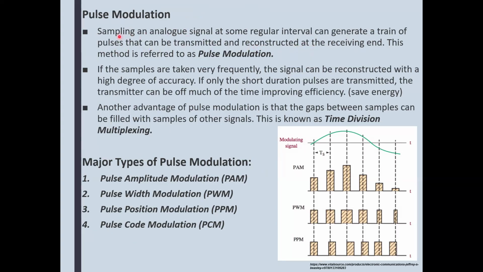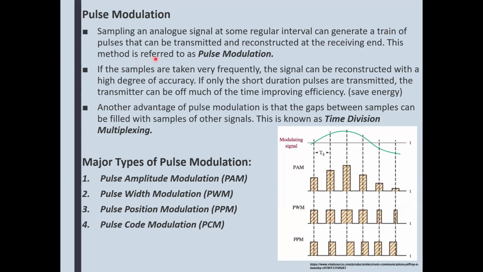All right, let's read that again. Sampling an analog signal at the same regular interval. Okay, take a snapshot, take a snapshot, take a snapshot, recreate. Pulses can be transmitted and reconstructed at the other end.